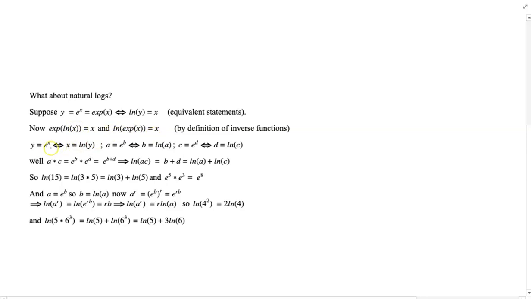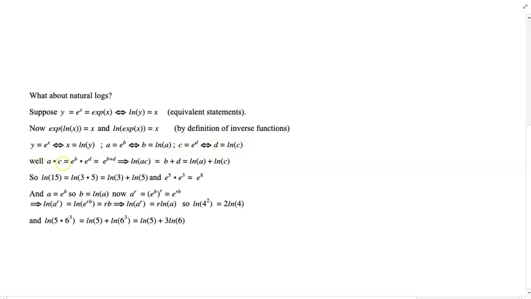Now y equals e to the x implies x equals ln y. a equals e to the b implies b equals ln of a. If c equals e to the d, then d equals ln of c.